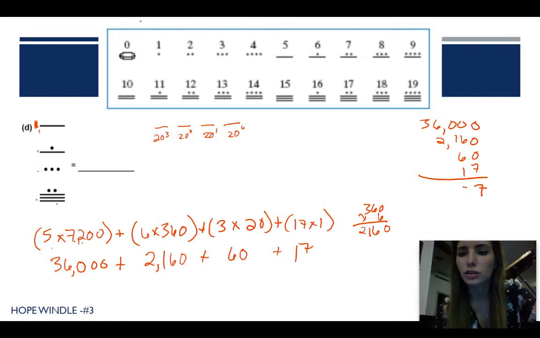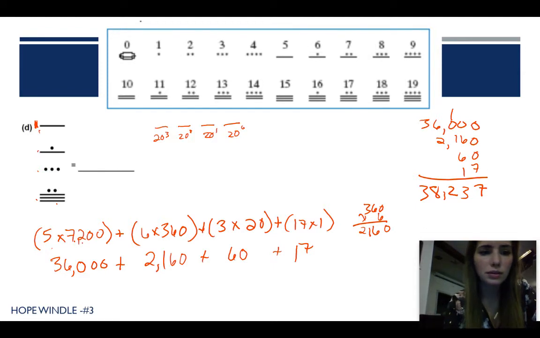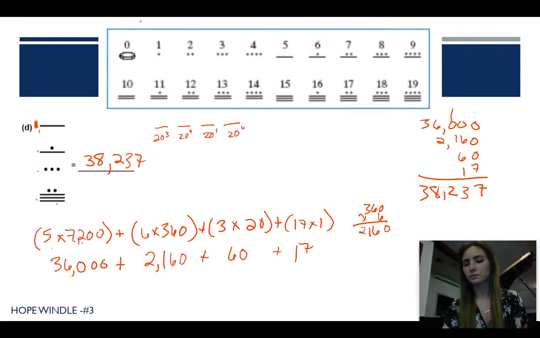So this is going to be 13, but we're going to carry our 10, our 1, to the next place value. This information is going to come in handy in a moment, I promise. And then we're going to add these together. So this system of symbols is actually representing the number 38,237. They may be on to something there with using symbols instead of writing all that out.